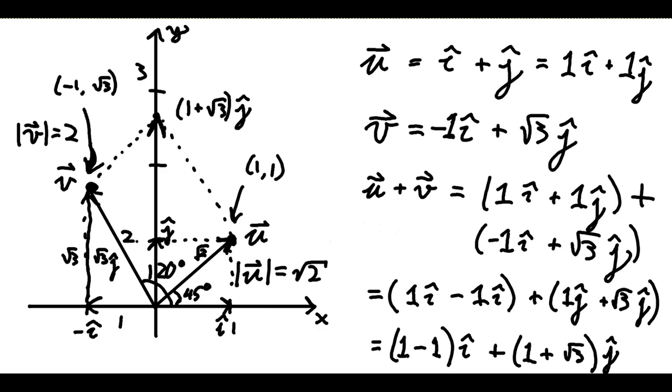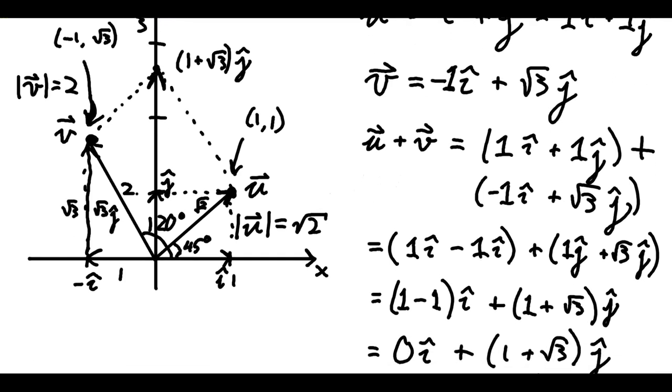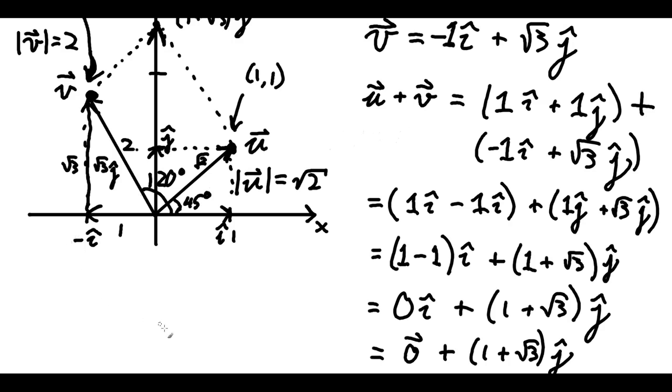So, this is a very cluttered diagram now, so let me extract some of the key ideas. We had a vector u and a vector v. And we broke u apart into a vector that goes right 1 and up 1. And v is a vector that goes left 1 and up radical 3.